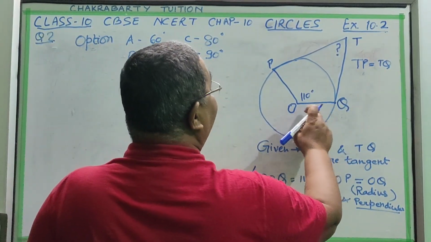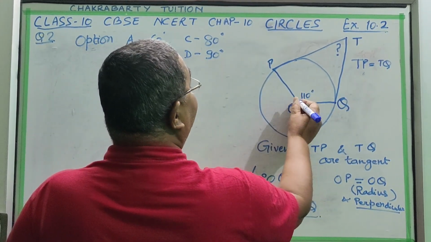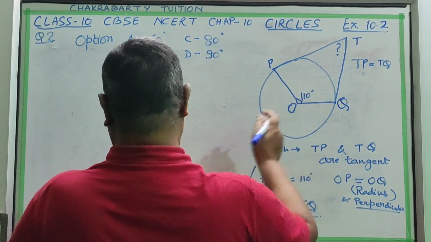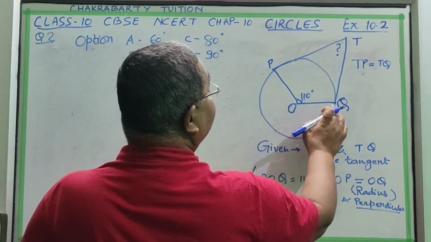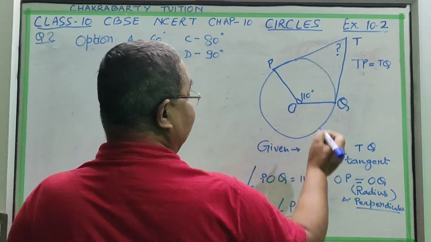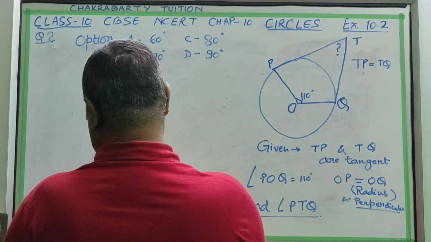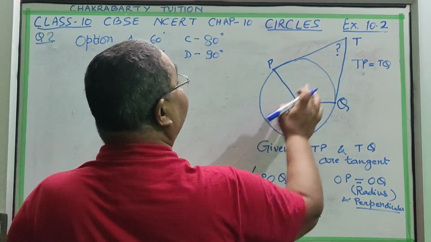Okay. So now here the tangent is given, and angle 110 is also given. So when 110 angle is given and these lines are given, it means these lines are radius. So radius are always equal. And what in the question they are saying, you have to find this one.